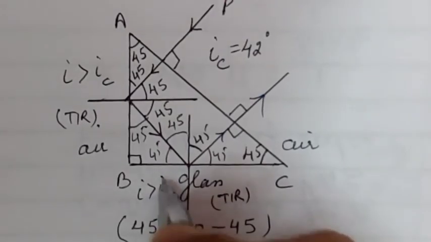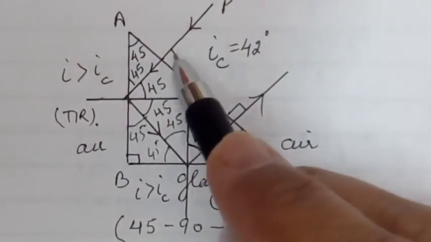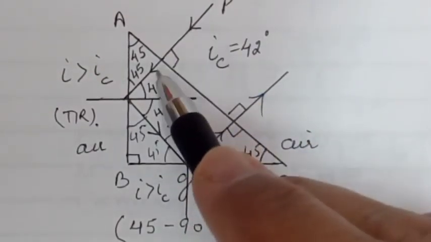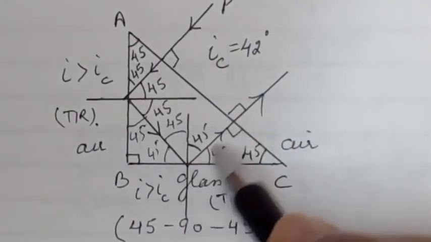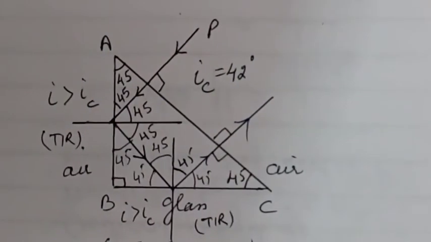Why? Because I is more than I critical. Angle of incidence is more than the critical angle. And here normal incidence. Refraction is there, but it is along the normal. So ray goes straight. Here also ray emerges out straight. It's again the case of normal emergence. Again a very, very important question from examination point of view.